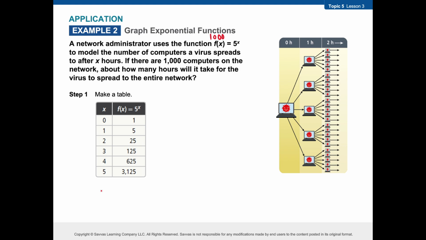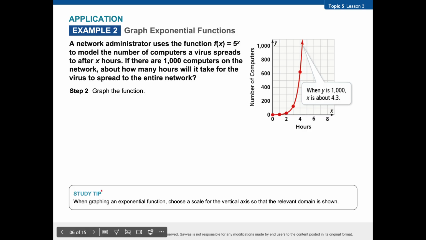So it would be somewhere between 4 and 5. Again, you can play around with your scientific calculator and try 5 to the 4.1 power. You can try 5 to the 4.2 power and see which one gets closest to about 1,000. And then this is what the graph would look like. So if you keep going, at 5 to the 4.3, that's when it would get close to about 1,000.